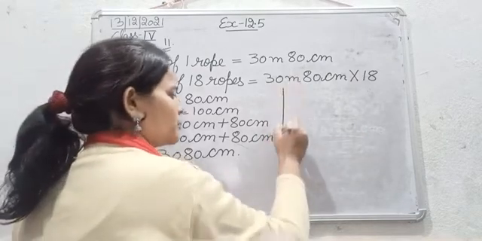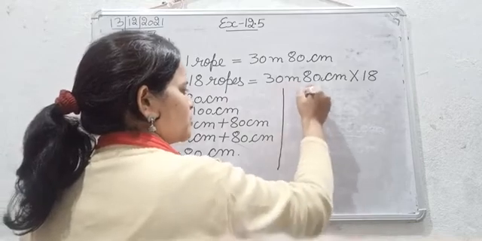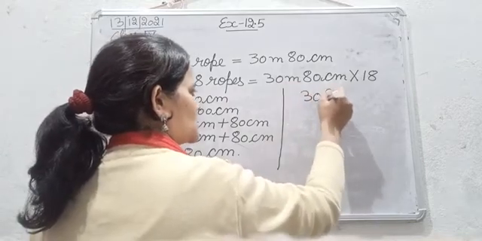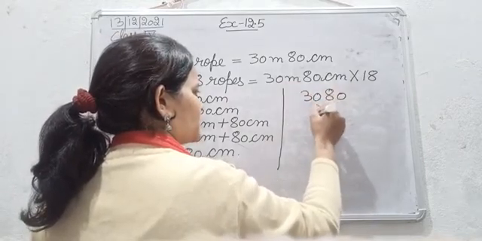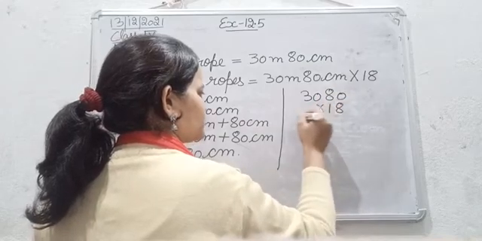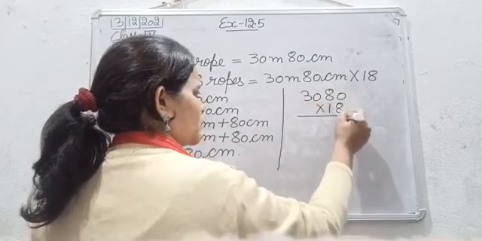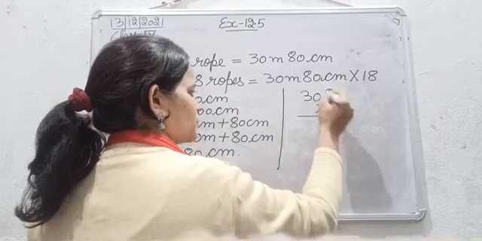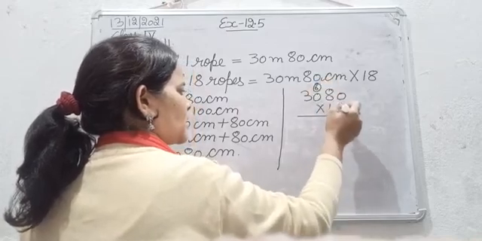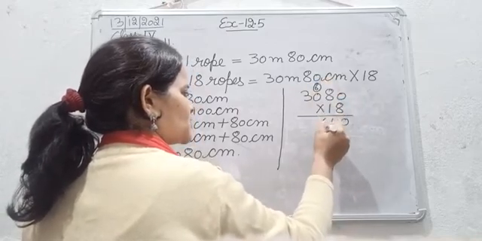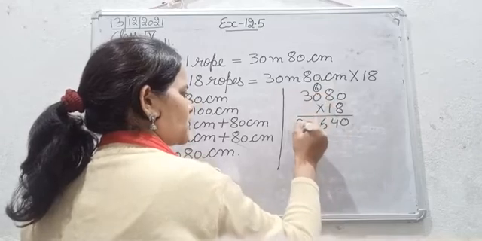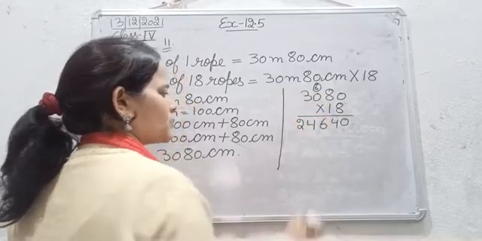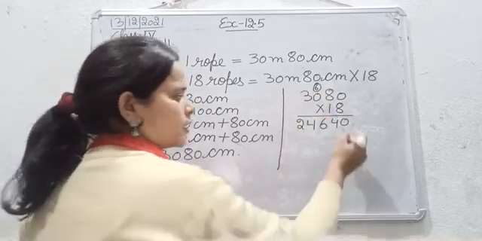Let's find out the length of the 18 ropes, that is 3080 centimeter multiplied by 18. 8 zeros are 0, 8 eights are 64, 4, 6 will be carried next. 8 zeros are 0 plus 6, 8 threes are 24.